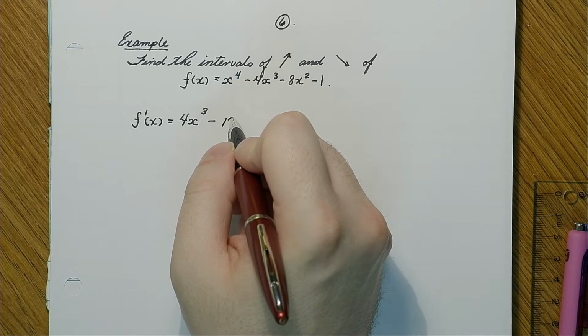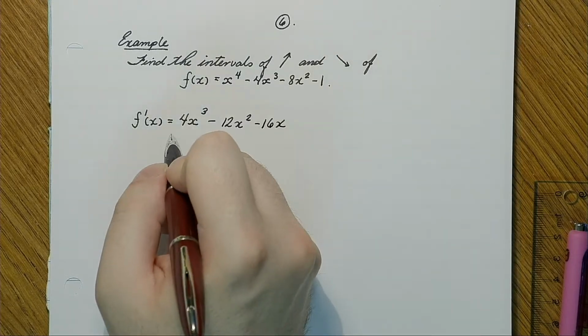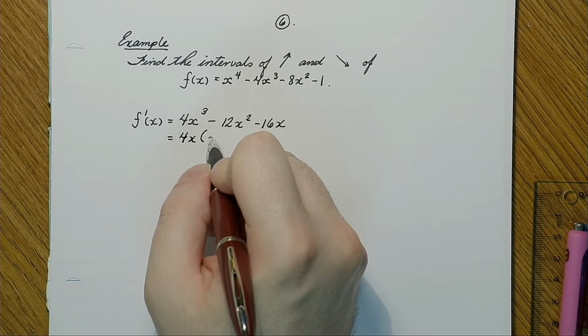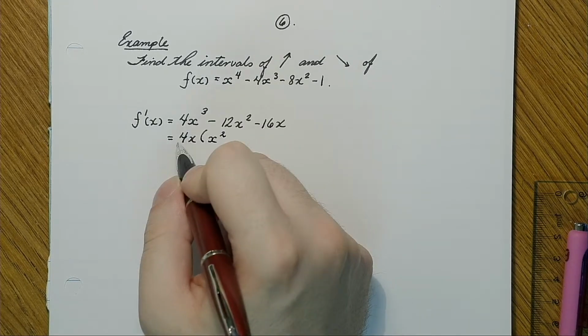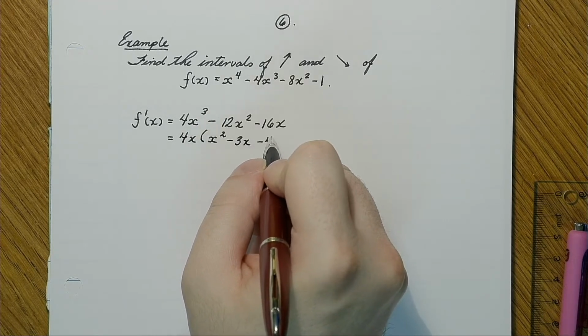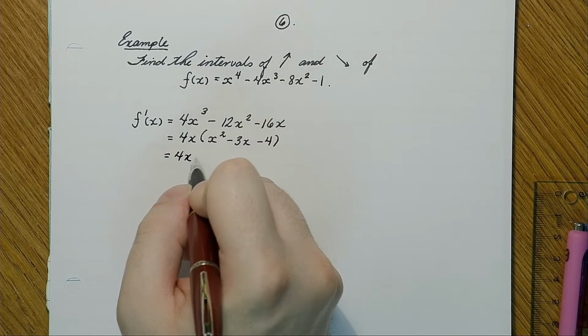Right, so I start talking and then I forget what I was writing. So now what I can do is pull out the 4x here, and that I can still factor.